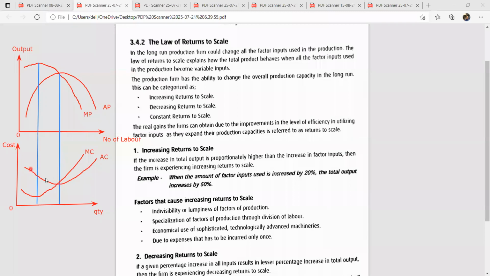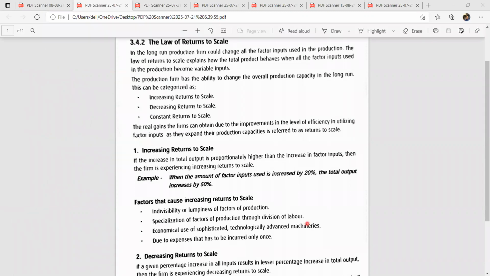When the average cost falls, necessarily marginal cost lies below the average cost curve. So these are essential properties of these two curves. This is about short run production cost.